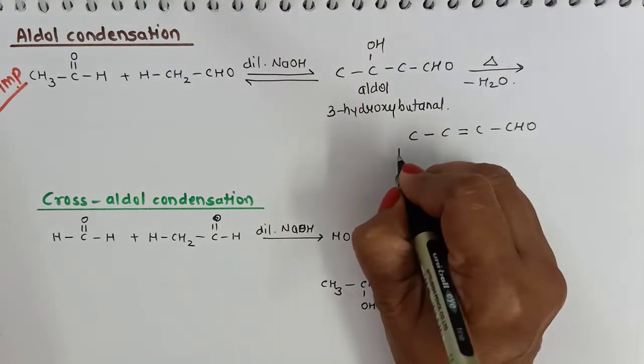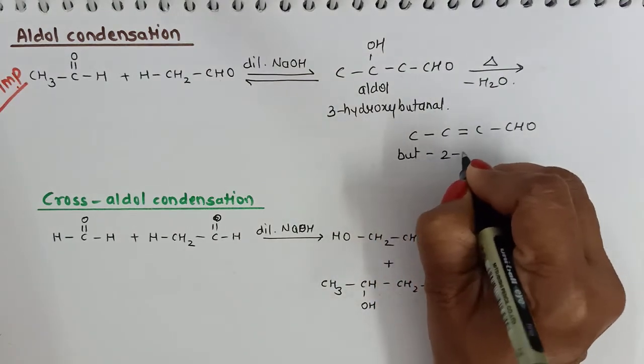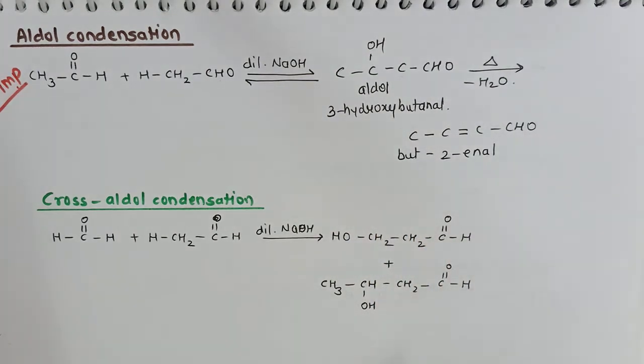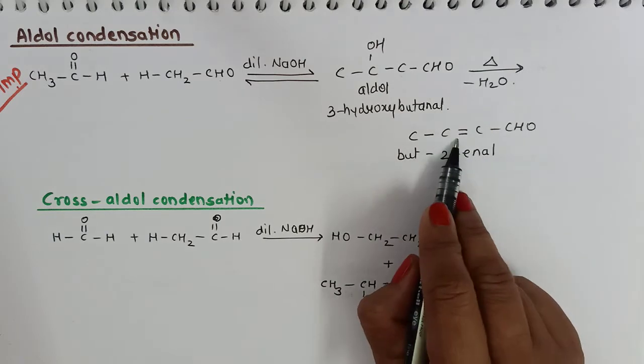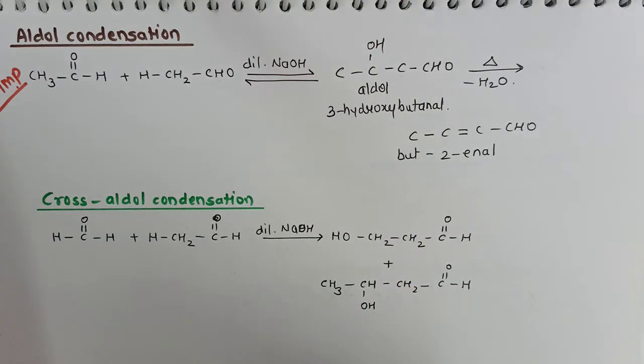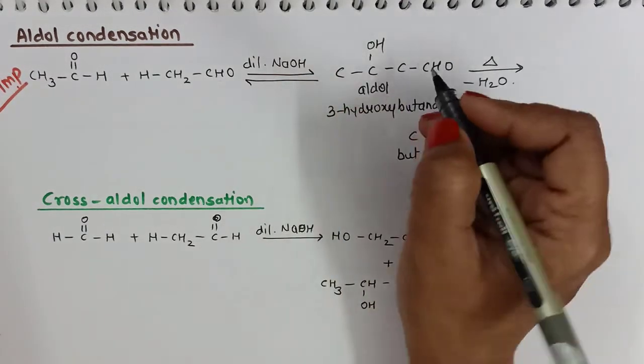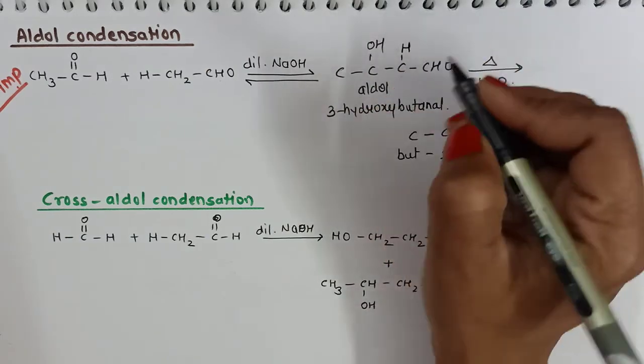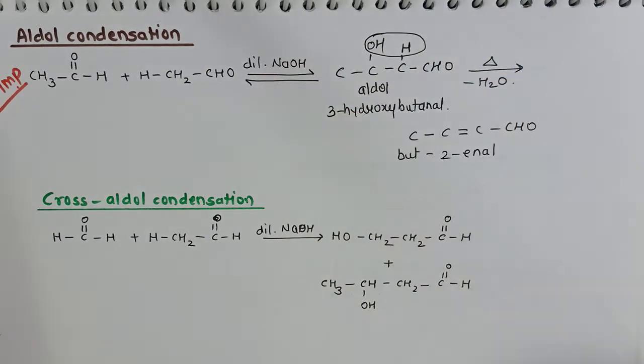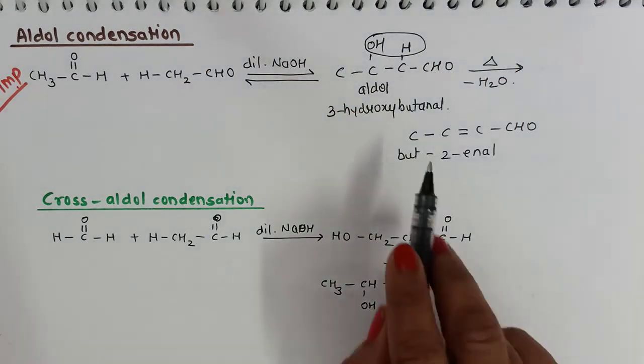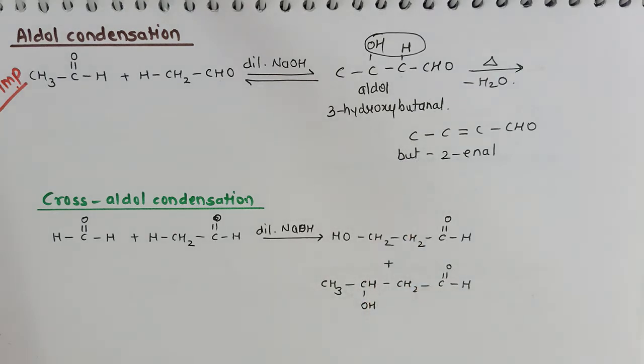So we get but-2-enal. Here again 2 functional groups, one is alkene and one is aldehyde. OH from this alcoholic group and hydrogen from this carbon, they will be removed out, and thus they will result in the formation of the product but-2-enal.